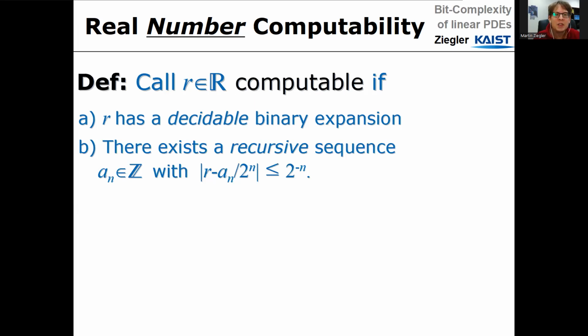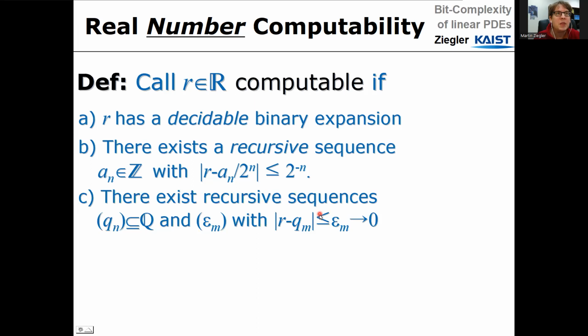Another reasonable definition is to say that the real number can be approximated by means of, let's say, floating point numbers with a mantissa an and exponent 2 to the minus n. So that's approximated up to arbitrarily small error 2 to the minus n. That's a sense of approximating real numbers.